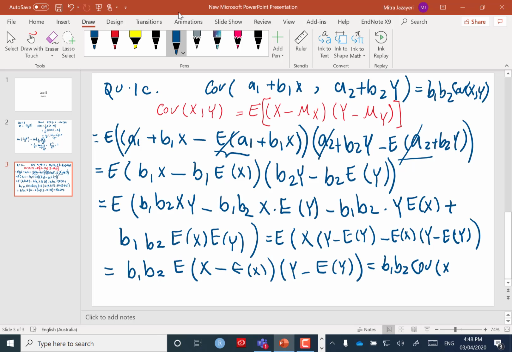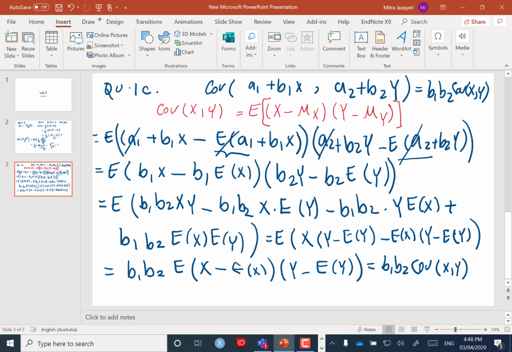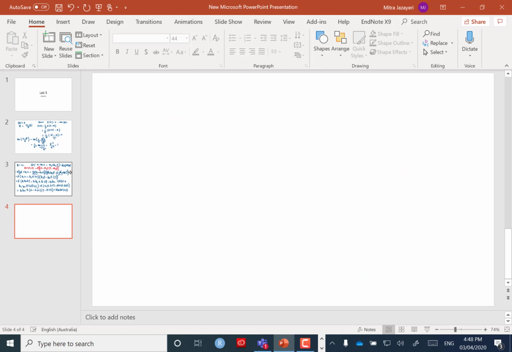Okay, now let's do question 2. It says that in readings 5.2, we introduced the Bernoulli and binomial distributions. Consider an experiment which can result either in a 1 or 0, with a probability of success between 0 and 1.